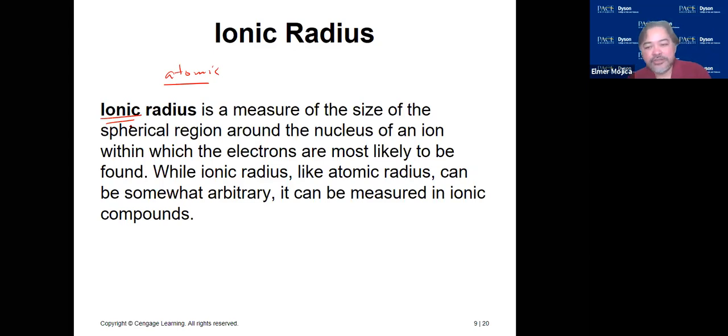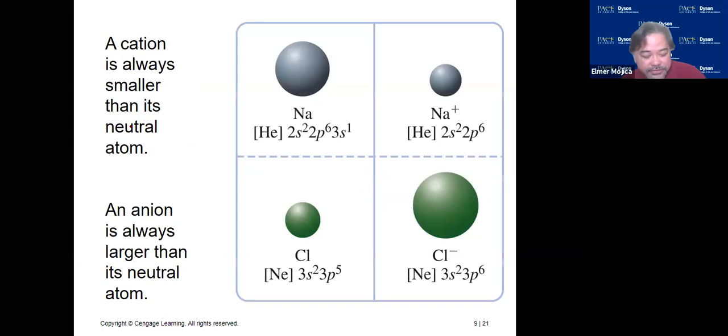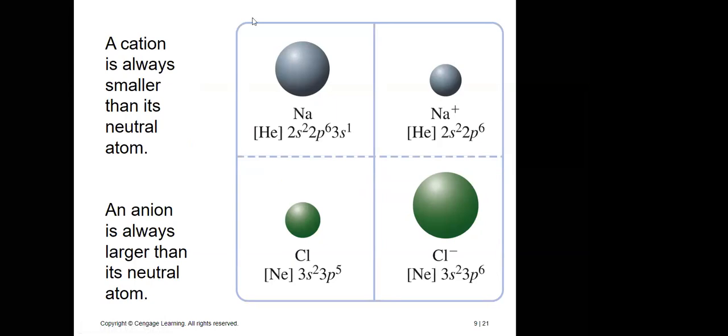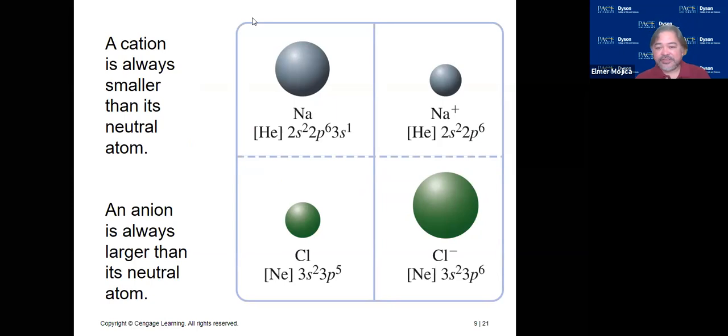So what rules do you think we have in ionic radius? These are the two rules that you need to know. Whenever you lose an electron, the cation that is formed is always smaller than its neutral atom. Does it make sense? Yes, because if you look at the electron configuration of the two, you lose not only the electron but the 3s orbital.